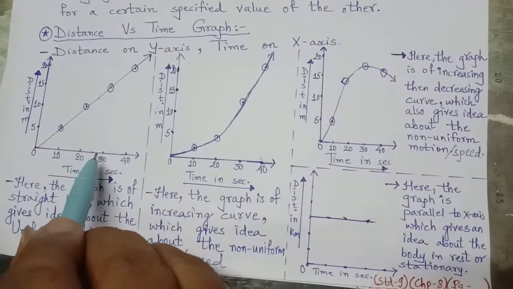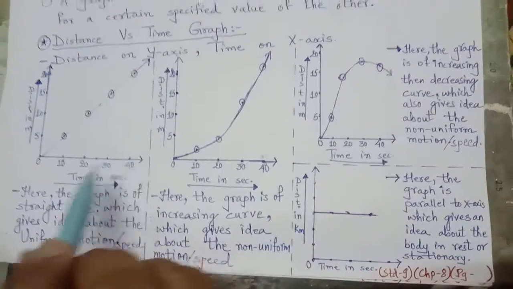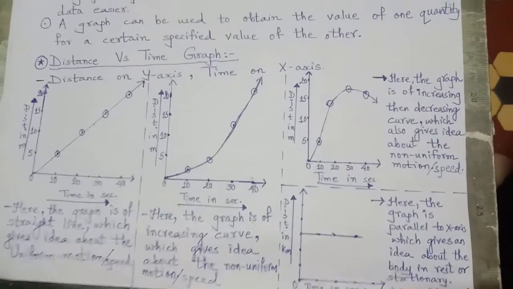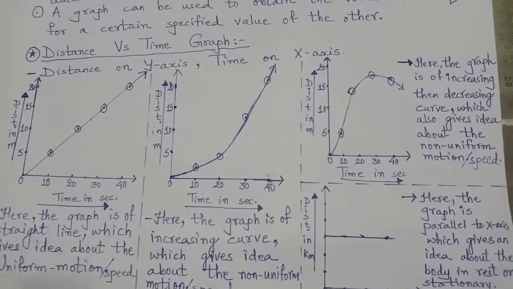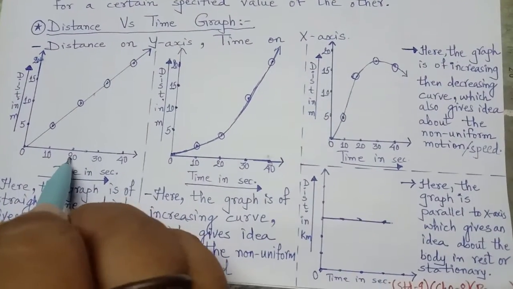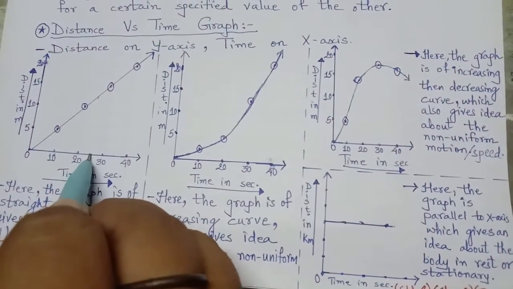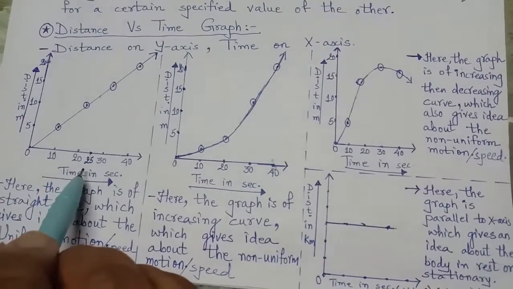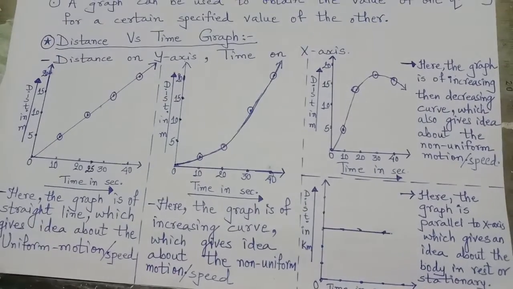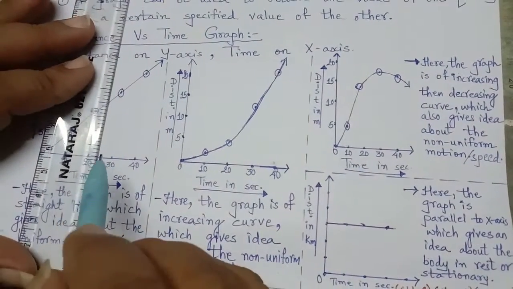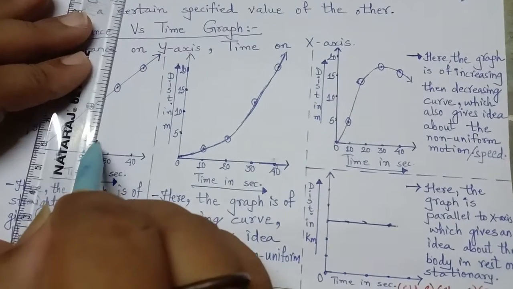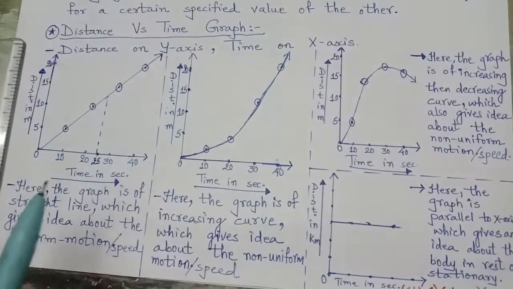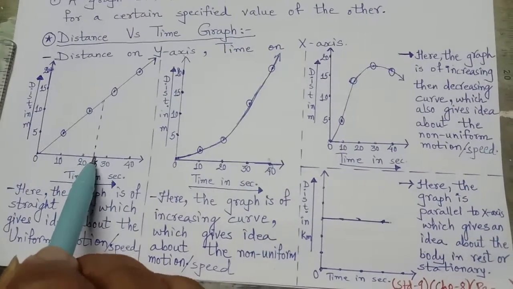Now see here, I just told that even for some specific value which is not given to us, we still want to know what is the exact position or what would be the exact time. Suppose I say between 20 and 30 it is 25 seconds. Right? And now I want to know where the particular object would be at 25 seconds. So what we can do is take the ruler and make a mark like this, vertical, that is parallel to the y-axis and coinciding with the x-axis.